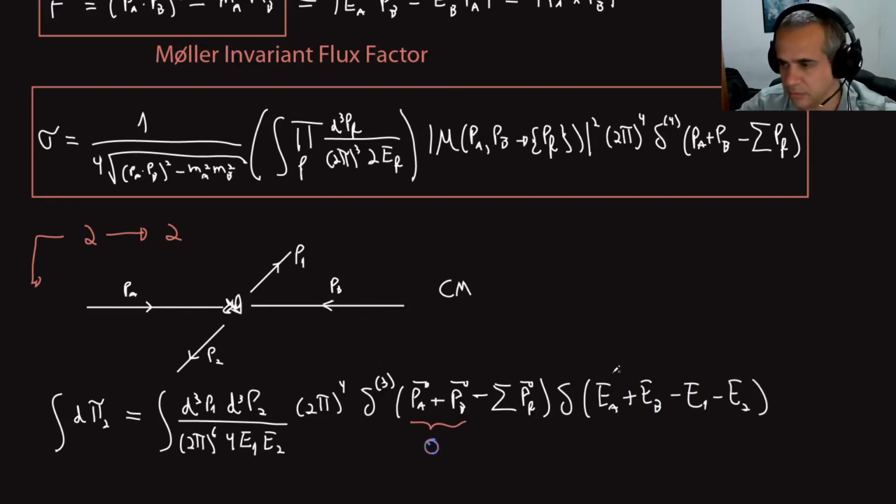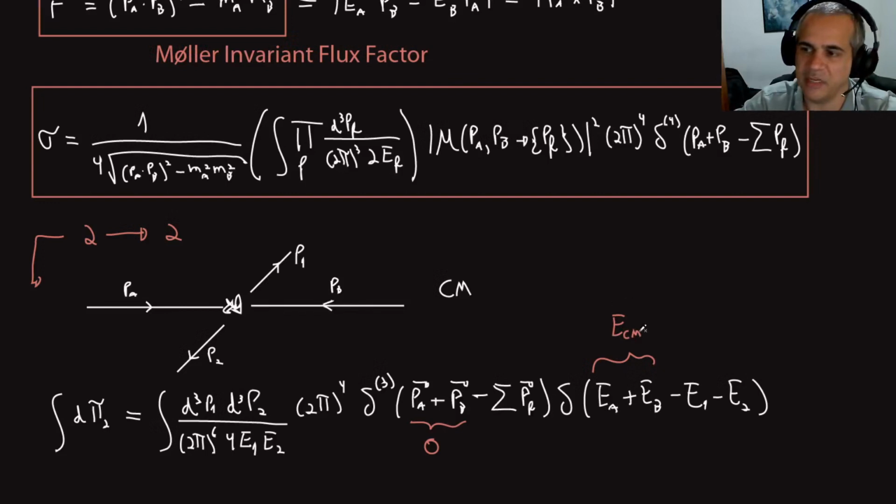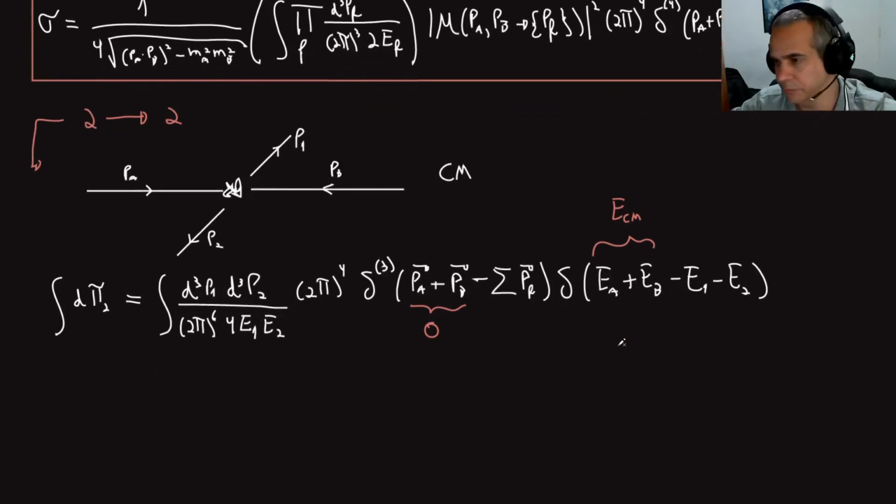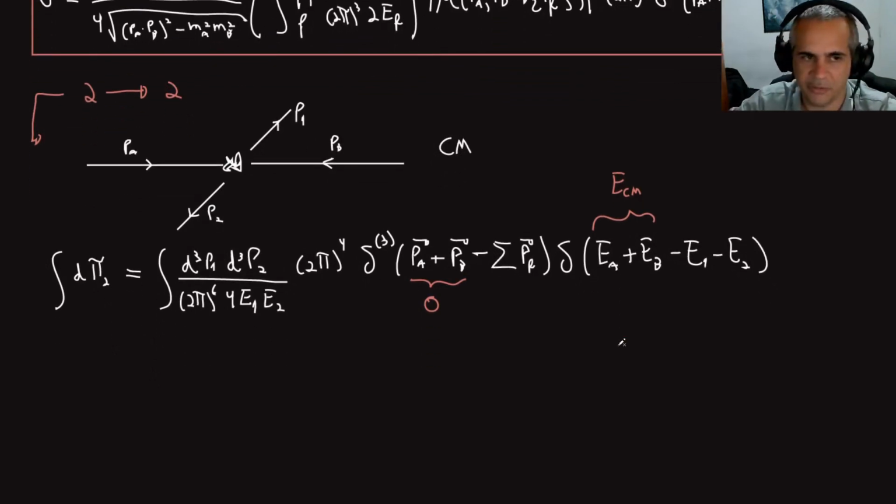This I'll call the center of mass energy, which is a very useful quantity, usually well known in experiments. And when you hear about accelerators, it's usually about this energy they are using to tell you how powerful the accelerator is.